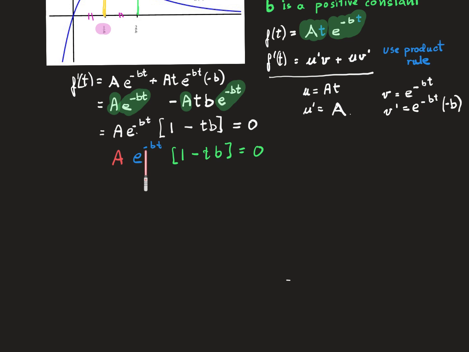Let's have a look at e to the minus bt. You should know that e terms will never ever equal 0. So we're left with 1 minus tb. And if we rearrange that, we get 1 equal to tb, and therefore t is equal to 1 over b. So the global maximum of this function is going to happen at time 1 over b.